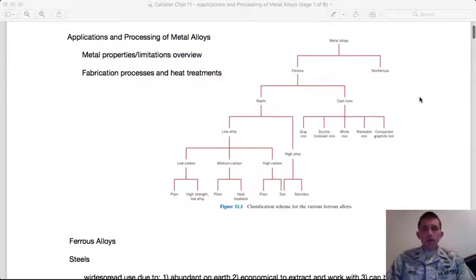And to summarize all of these metal alloys, there's this helpful tree that puts them in categories. Generally, we think about alloys as being ferrous and non-ferrous. Ferrous is a Latin term that refers to iron, and so that would be all iron-based alloys.